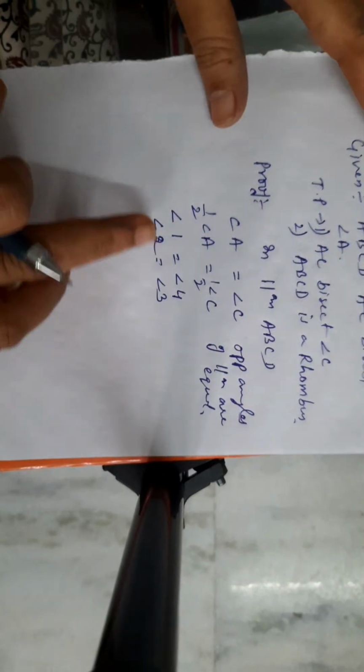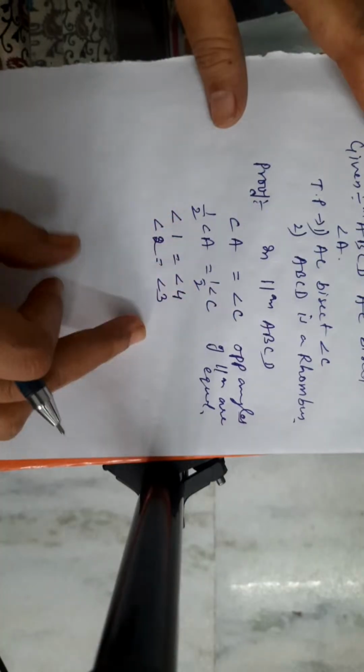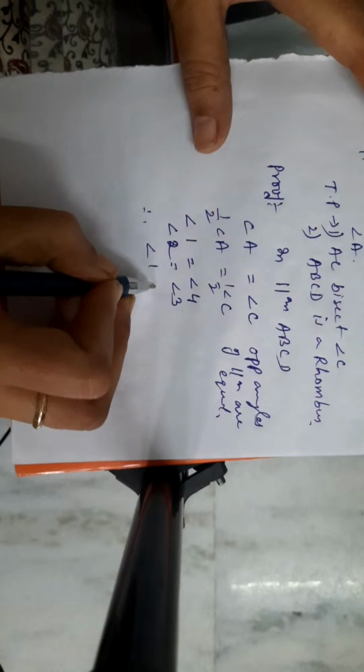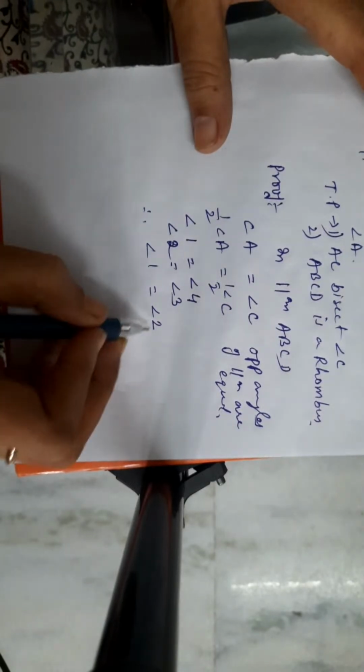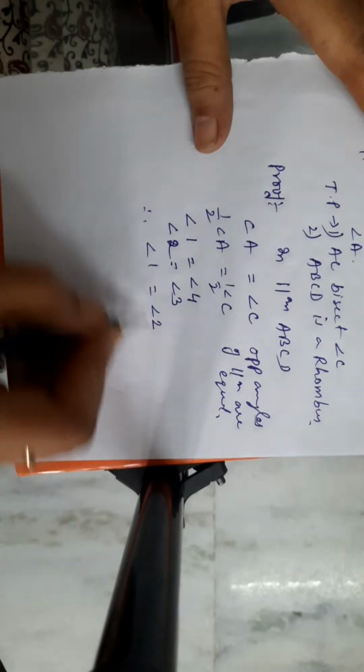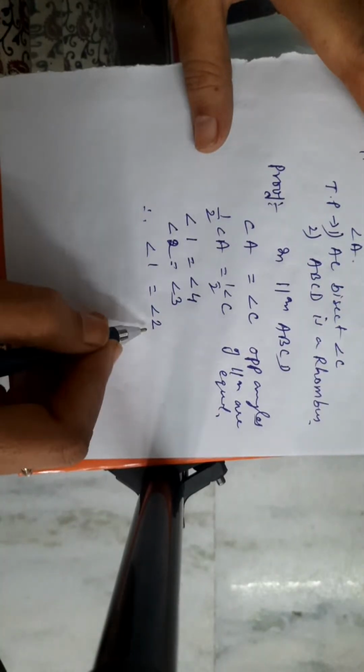So here when angle 1 and angle 2 were equal itself, as the diagonal was bisecting, we got angle 1 and angle 2 equal.